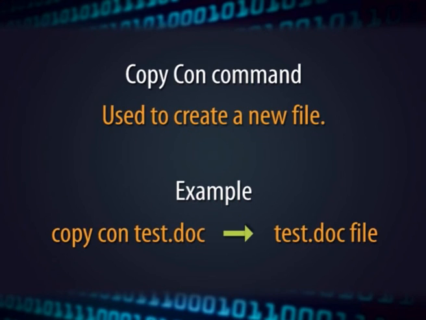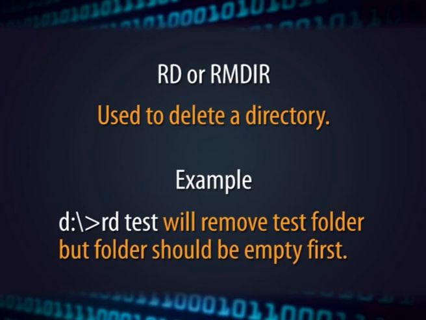The copy con command is used to create a new file, that is copy con file name. For example, copy con test.doc will create the test.doc file. The rd or rmdir command is used to delete a directory. Type rd directory name.